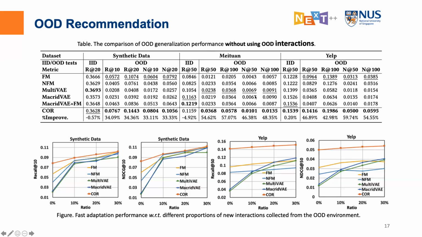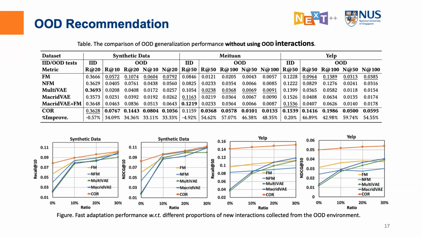For the Meituan data set, we use the user consumption level. Meituan has some user features for each user. They will find that at different time periods, users show different consumption levels, and we define the user feature as the consumption level.